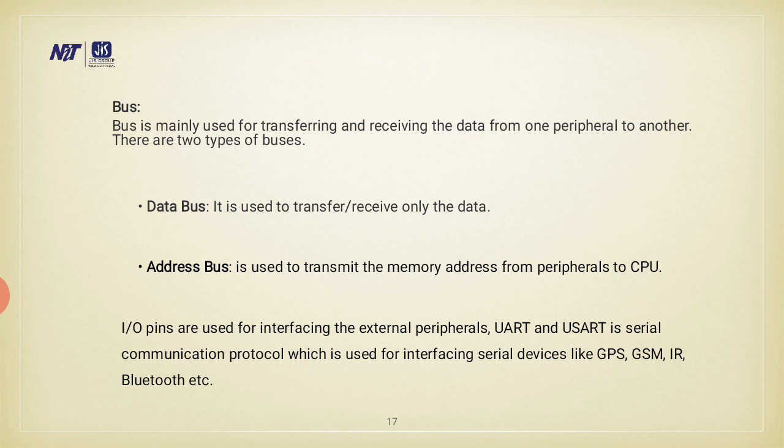Address bus is used to transmit the memory address from the peripherals to the CPU. I/O pins are used for interfacing the external peripherals. UART and USART are serial communication protocols which are used for interfacing serial devices like GPS, GSM, IR, Bluetooth, etc.